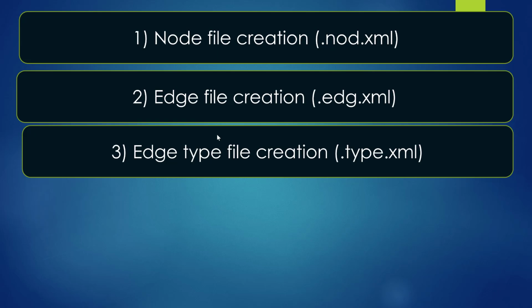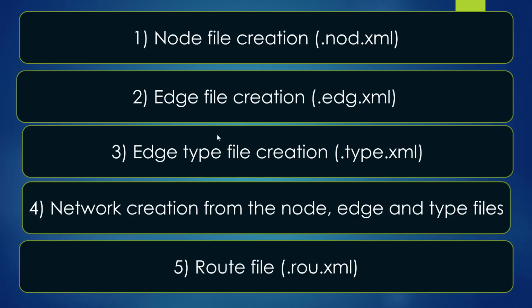The third step is to create the edge type file. Step 4 will be to generate the network from the node, edge, and type files we previously built. And then next, we are going to build our route file.